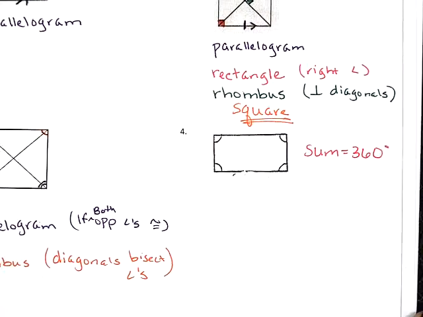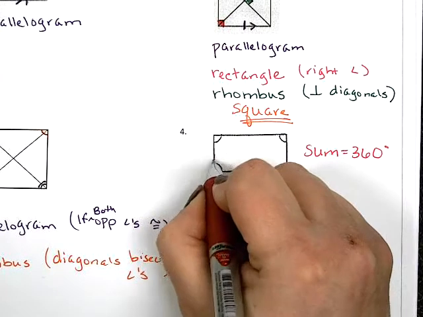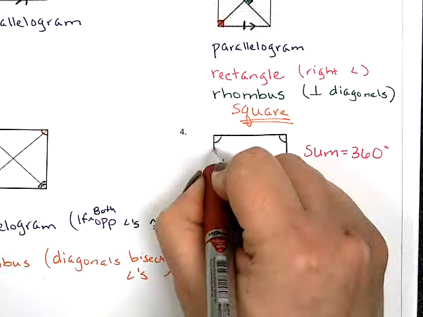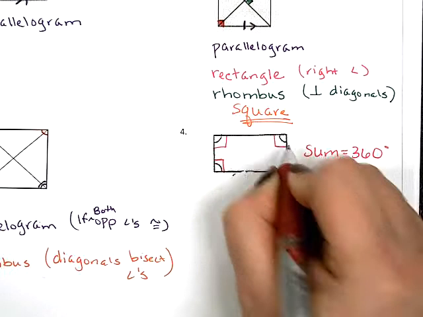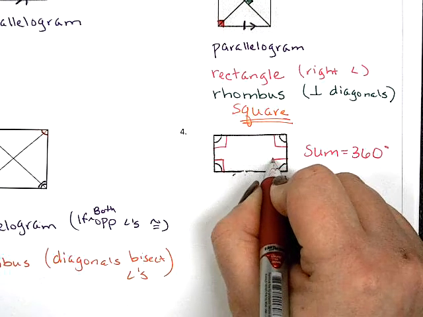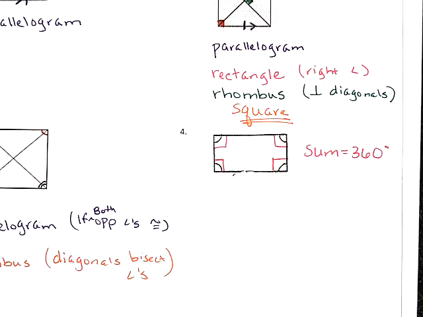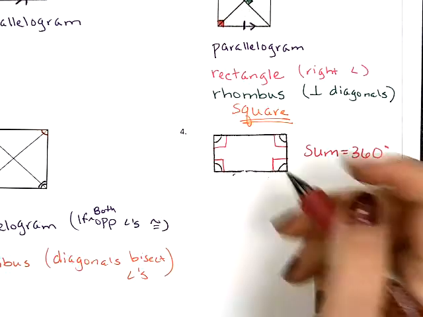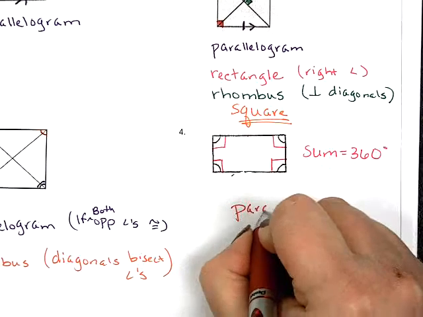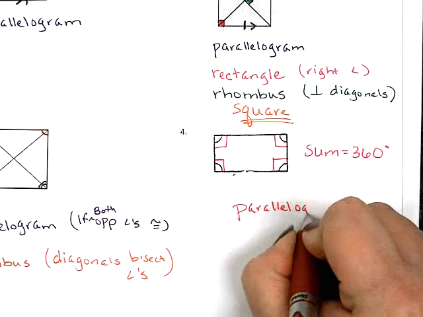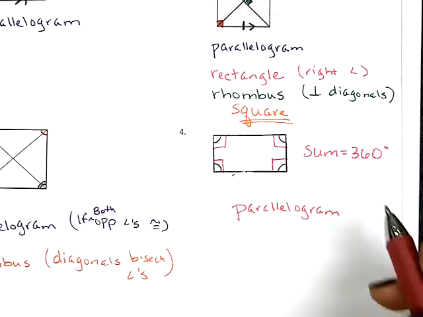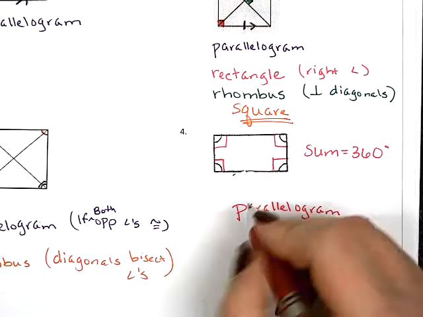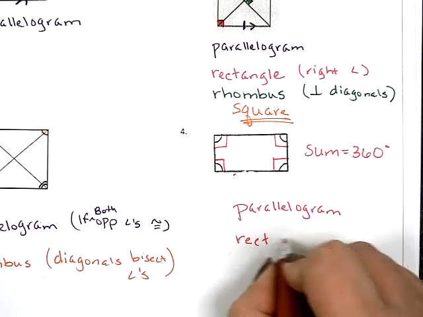So if the sum is 360 and they're all congruent to each other, then each of these is actually a right angle, right? So now we have a four-sided figure that's got four right angles. Well, opposite angles are congruent, right? It means I got my parallelogram. And a parallelogram with four right angles means that it is a rectangle.